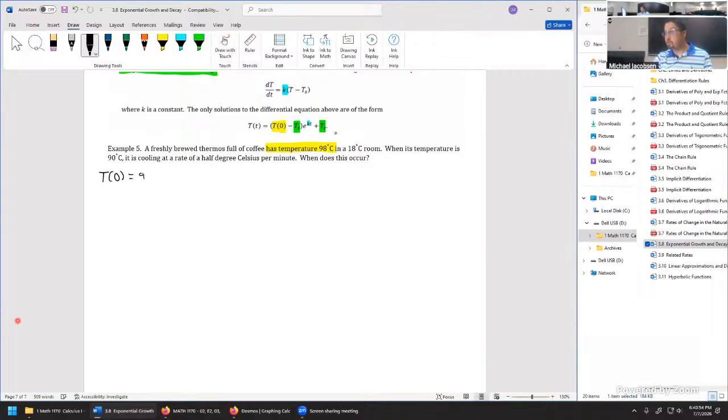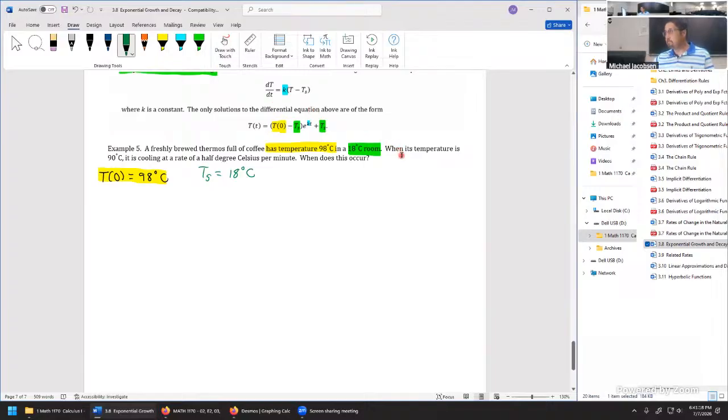Temperature at time 0, 98.6 degrees Celsius. It says this is in an 18 degrees Celsius room. That's the ambient temperature, the surrounding temperature, in other words. So we can now say surrounding temperature, TS, is 18 degrees Celsius.